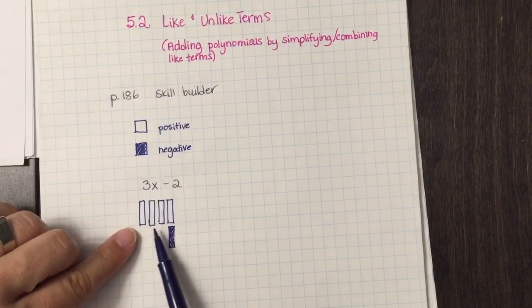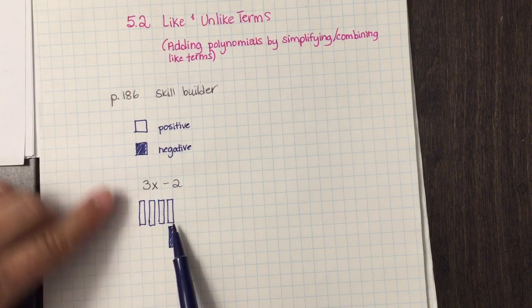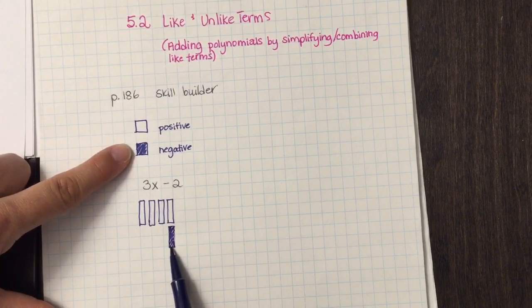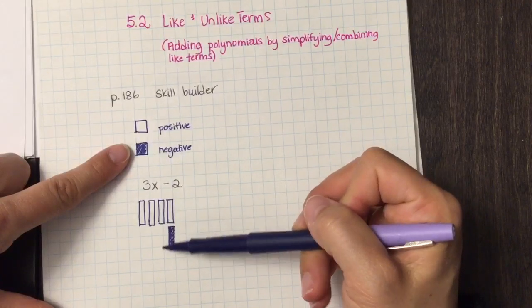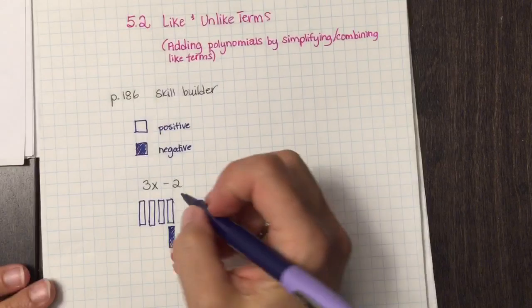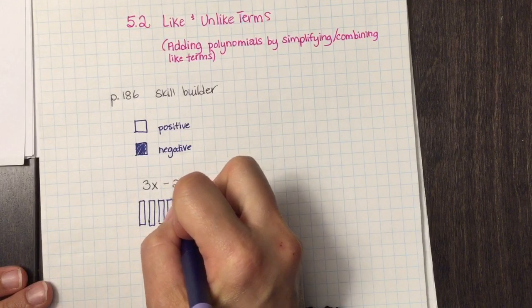Okay, so right here, because I have 4 empty rectangles, that would be +4, but because I added one negative underneath, this is in my zero pair. This still says 3x. Okay, and then I'd have 2 negatives, so then I would have 1.